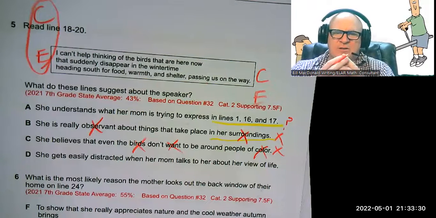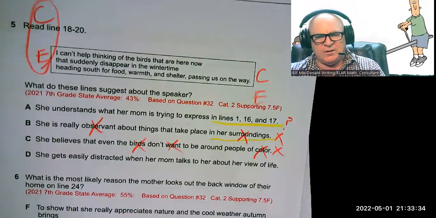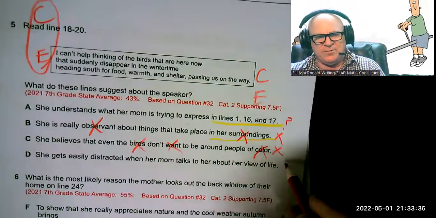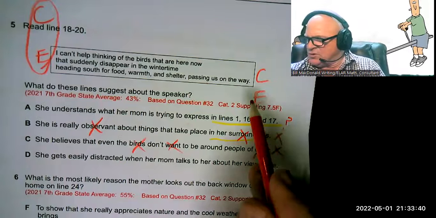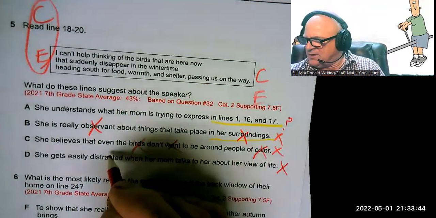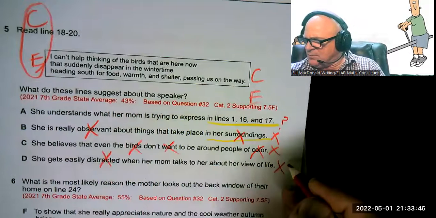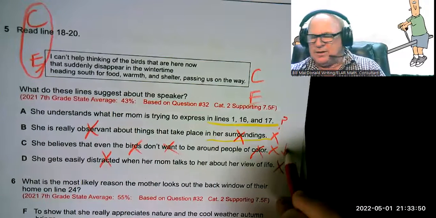It had to do with the same concept, us moving from one place to the other, and even the birds moving from one place to the other. So it wasn't about being distracted, which would be a negative attribute, and birds not wanting to be around people of color, that would be negative.